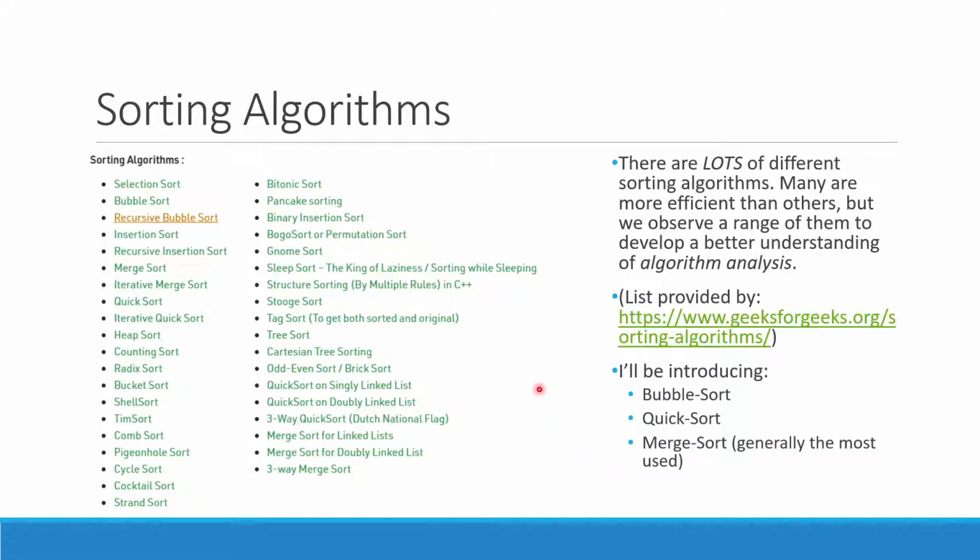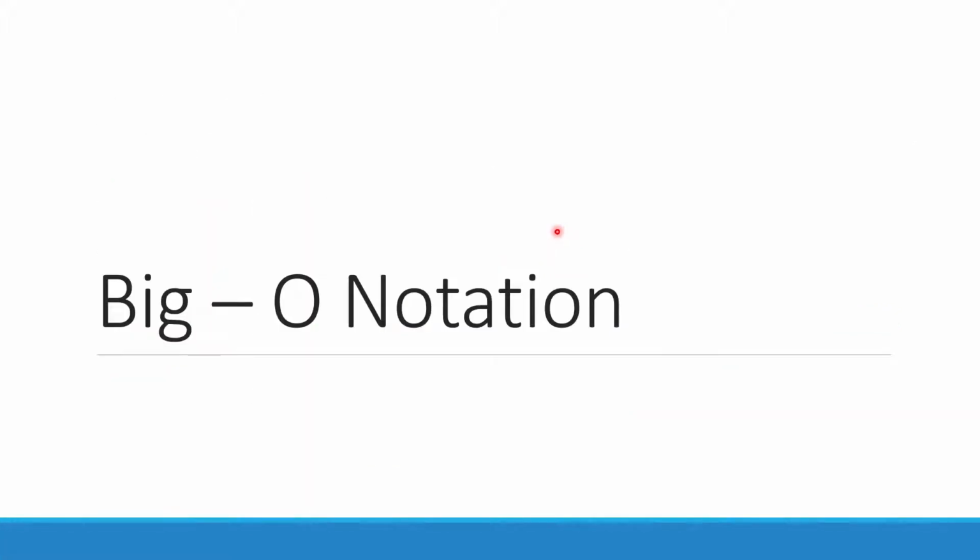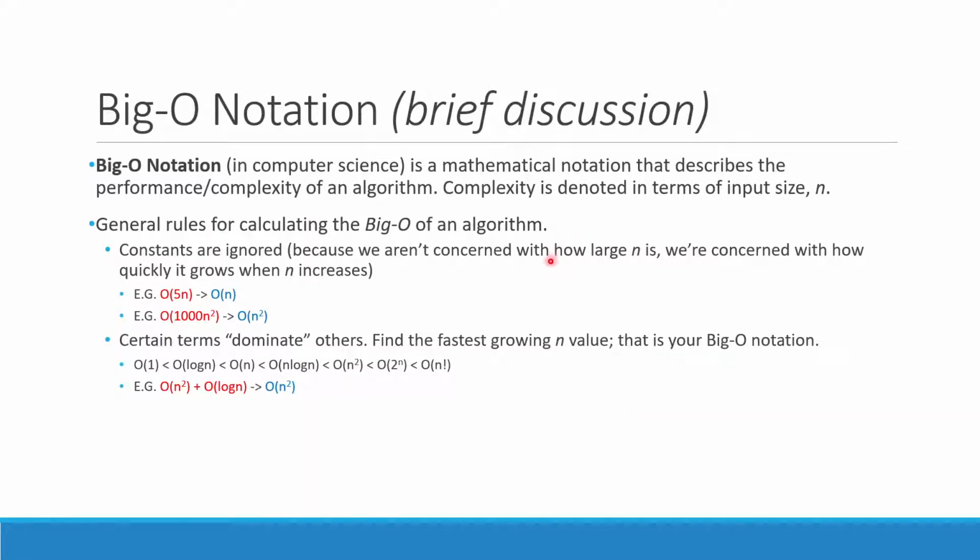Okay? But before I go into algorithms, it's important that we take a moment to talk about something called Big O notation. Okay? Now, I'm not going to go super in-depth about what Big O notation is because you're going to learn this more in advanced computer science courses, but it wouldn't hurt if we just took a brief moment to talk about it here.